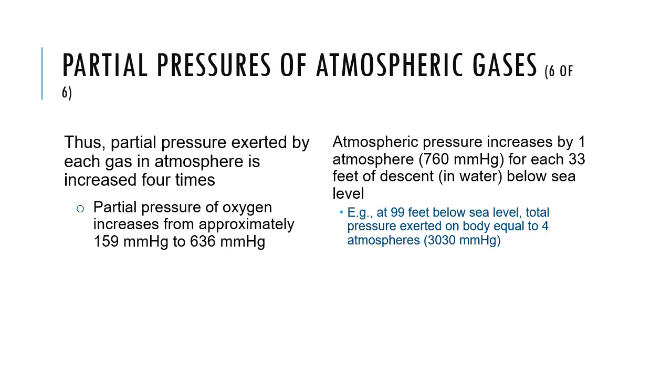For example, at 99 feet below sea level, the total pressure exerted on the body is equal to 4 atmospheres, 3 atmospheres under the water, and the 1 atmosphere above the water. This means the partial pressure of oxygen increases from about 159 millimeters of mercury to 636 millimeters of mercury.